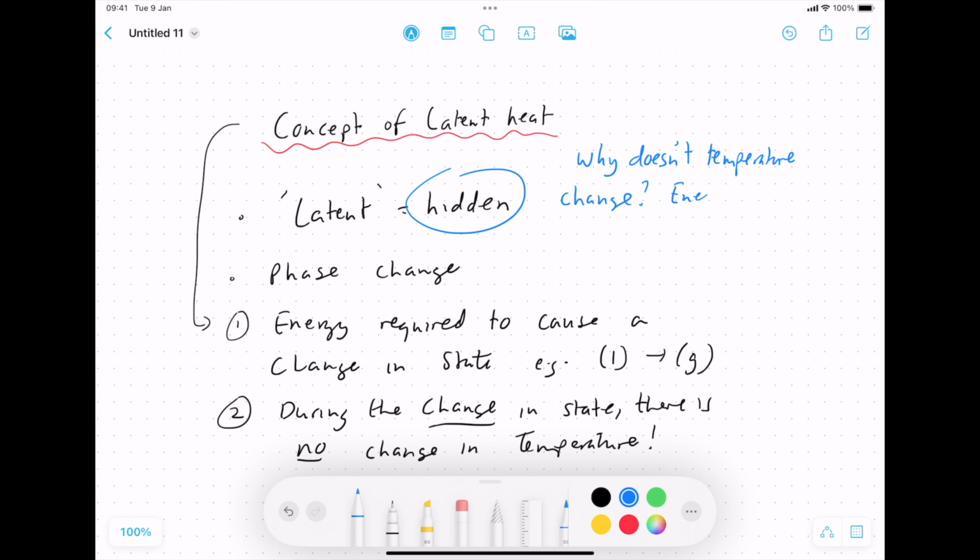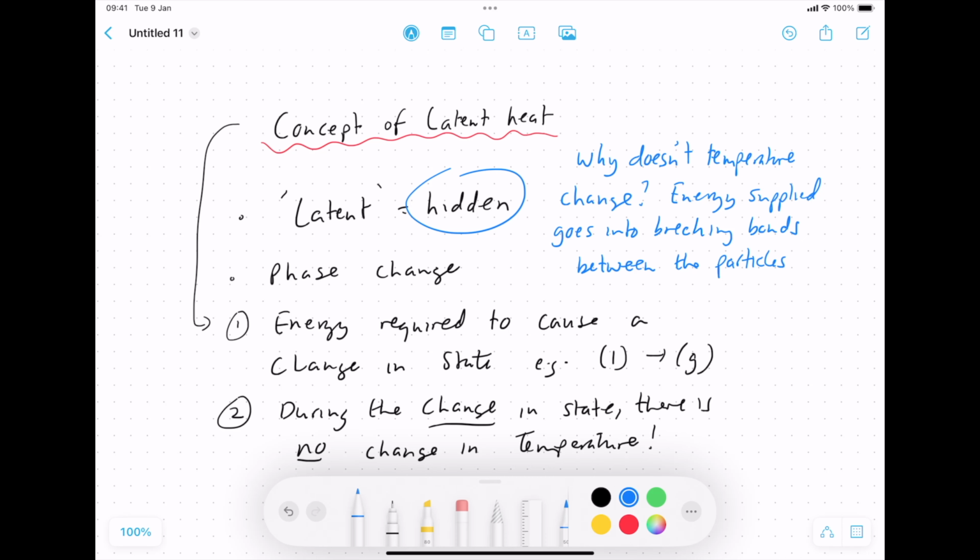It's because the energy supplied or removed goes into breaking the bonds between, I'm going to use the word particle, I don't like this word, but it could be ions, it could be atoms, it could be molecules, it depends, so just keep it vague. So it's between the particles. Let's just take the example of water. You've got water molecules and they're bound by intermolecular forces.